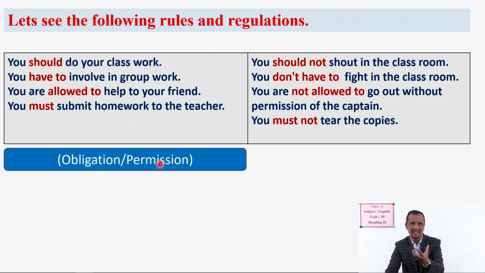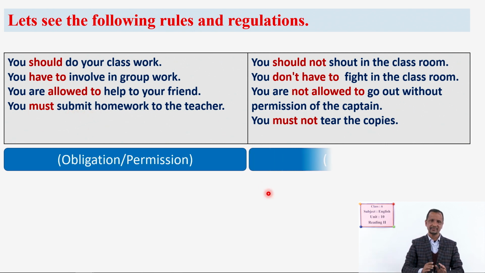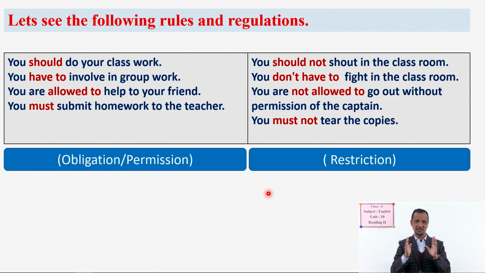For obligation and permission, dear student, we use this type of structure. Means should, have to, allowed to, must. Right? Yes, you have seen here. And the second one, let's see here, restriction. Means you don't have to do. For that, what kinds of structures do we use?